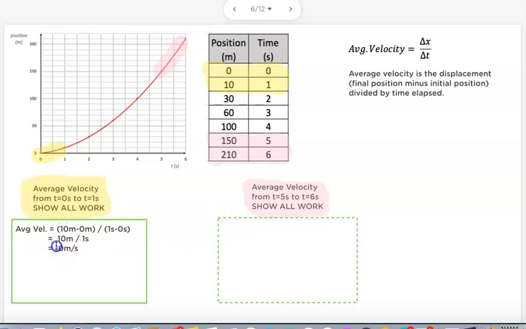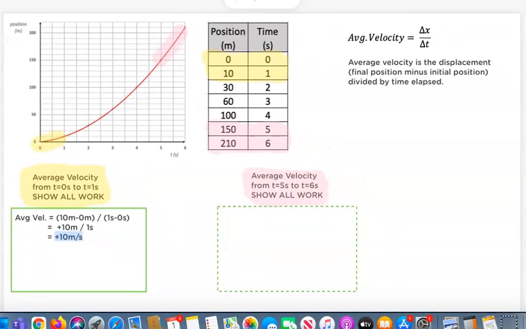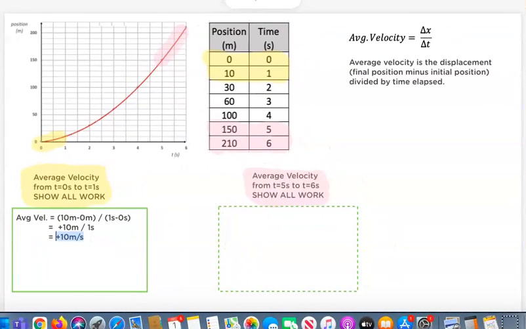And that is a positive value because velocity needs to have direction. Okay, so an average velocity of 10 meters per second. I can't do the highlighting feature, but that is the answer.